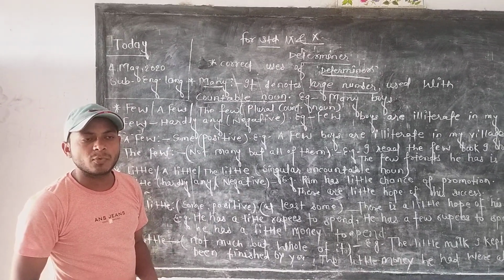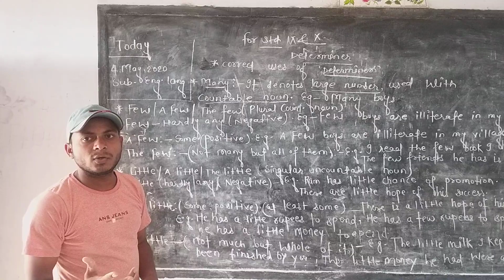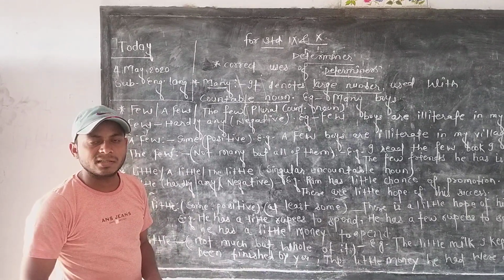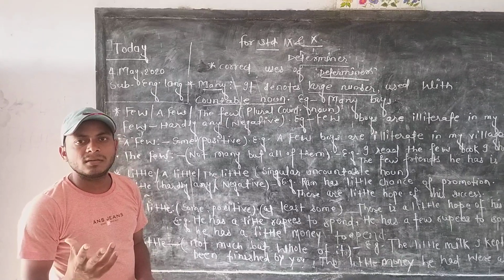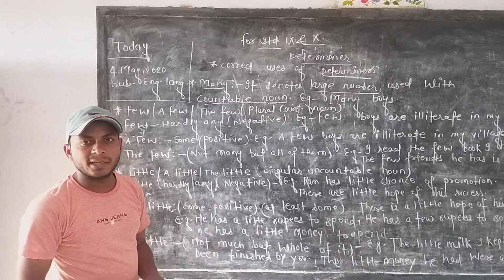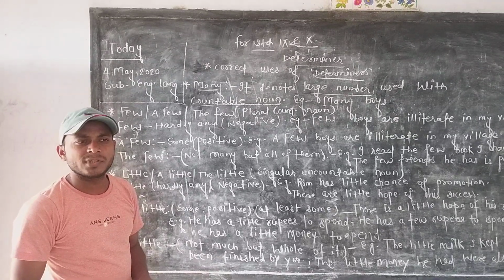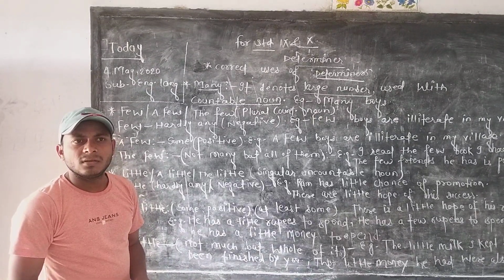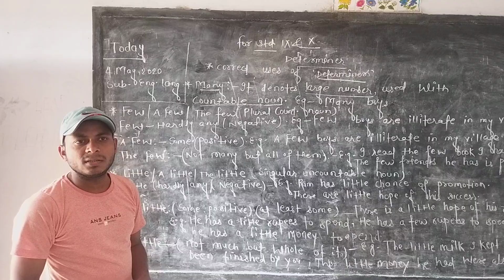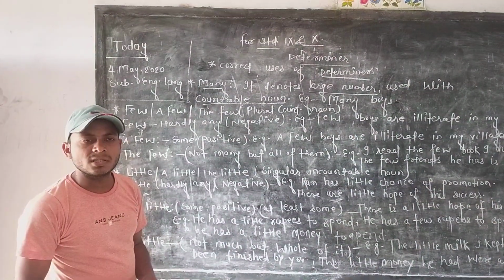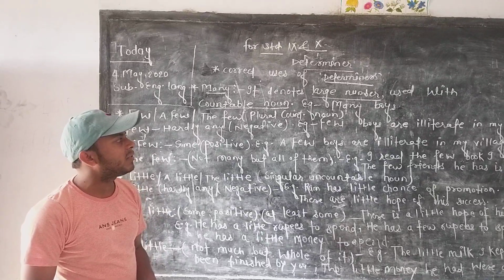As I told you, types of questions are asked in the examination, like omission, editing, and jumbled words. These types of questions are very important to solve. So if you want to solve these questions, you must know the correct usage of determiners.